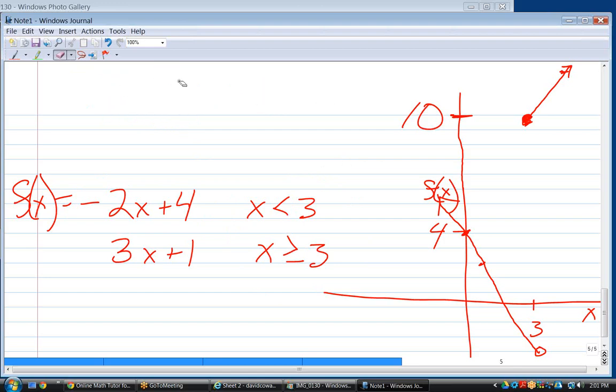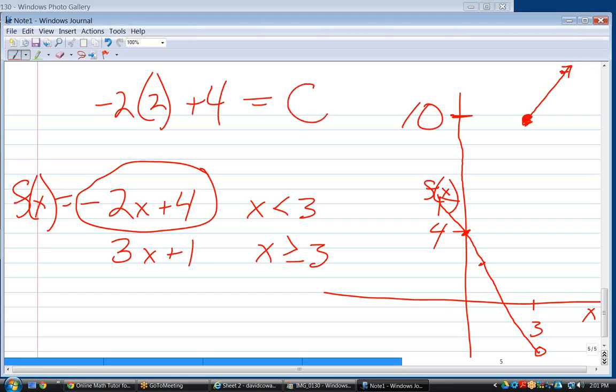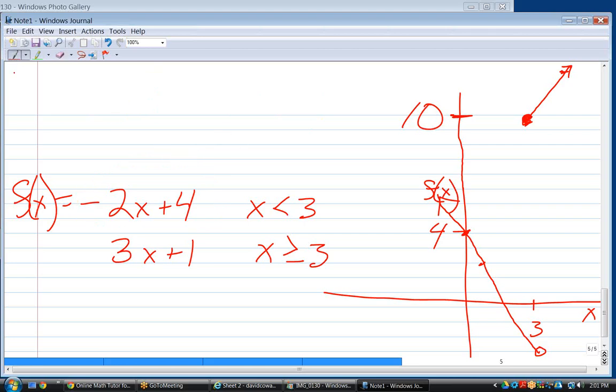I missed it, David. What was the answer when you said the value was 2 and we were using the top formula? If you take f of 2, then it's minus 2 times 2 plus 4, that's equal to 0. So what's f of 0? The rule is you always have to look at the f of x that you're given and determine where that fits.